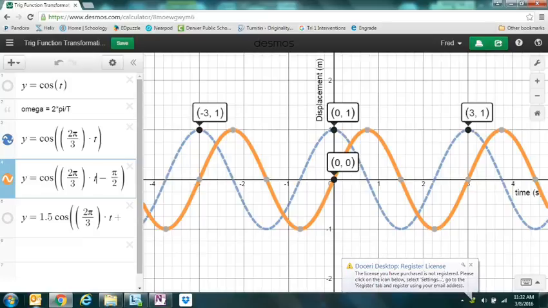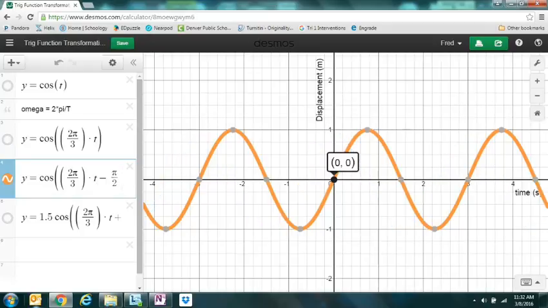And the final transformation we can get is that we can stretch this in y, so that instead of going from negative 1 to positive 1, I can get it to go from negative 1.5 to positive 1.5. And I do that by multiplying this entire thing by an amplitude a.